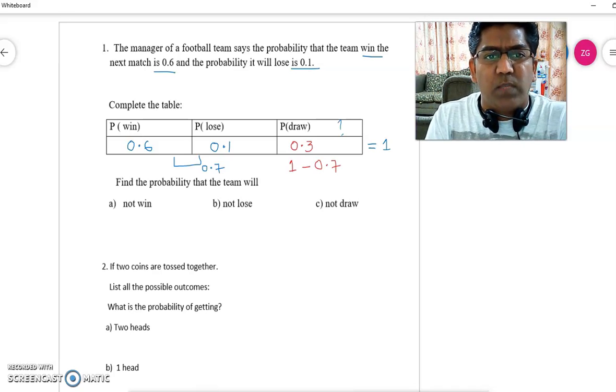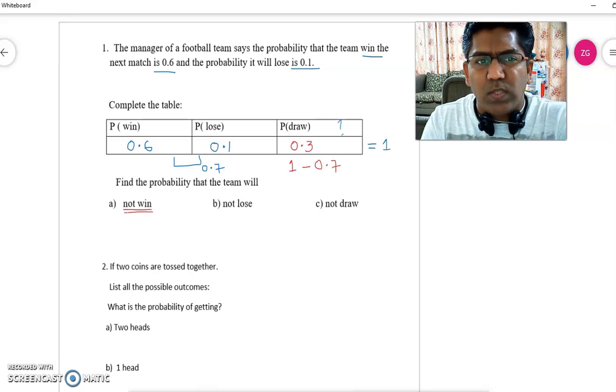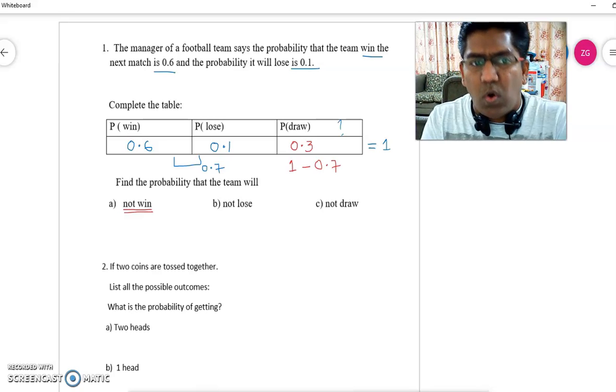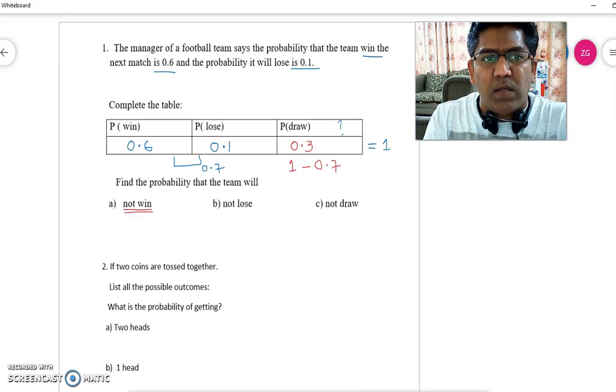Now based on this, we can answer the further questions. First question is, find the probability that the team will not win. Now there are two ways of answering this. When you say you don't win, what are we left with? Either you lose or you draw. Either you can add the other two or I can subtract win from 1. So I'll do it both ways. Probability of not win is 1 minus probability of win, that is 0.6.